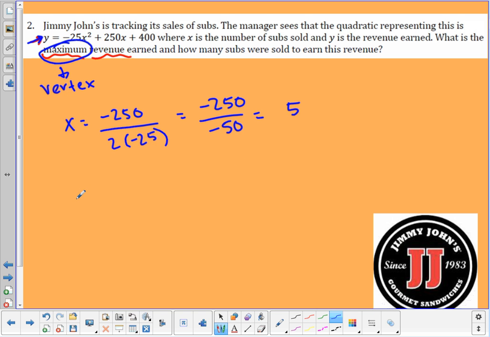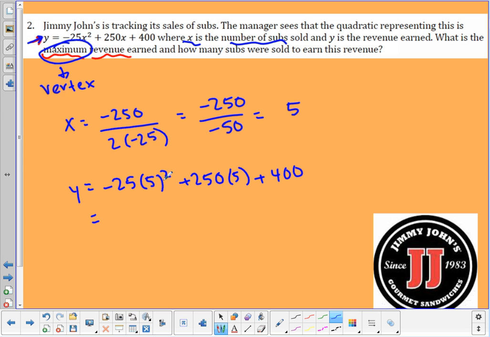Then that's my x value, so x is the number of subs sold, but my y value is when I plug that x back in. So negative 25 times 5 squared plus 250 times 5 plus 400.